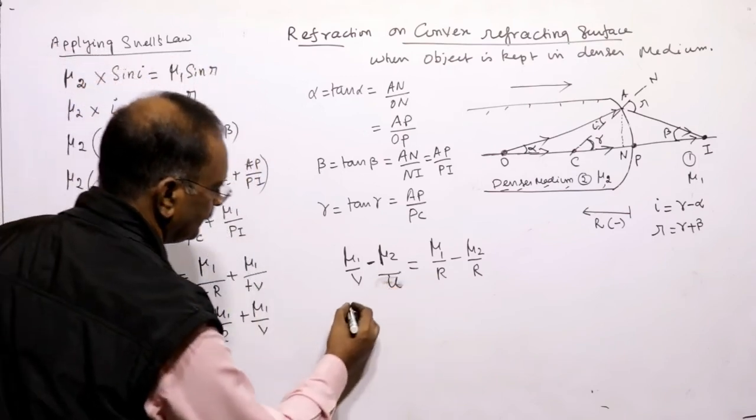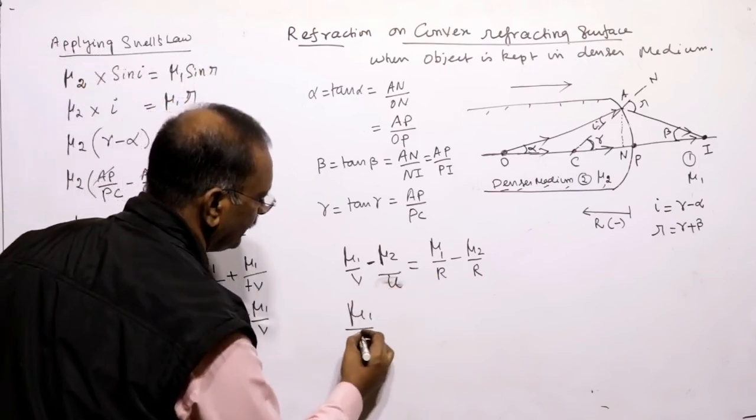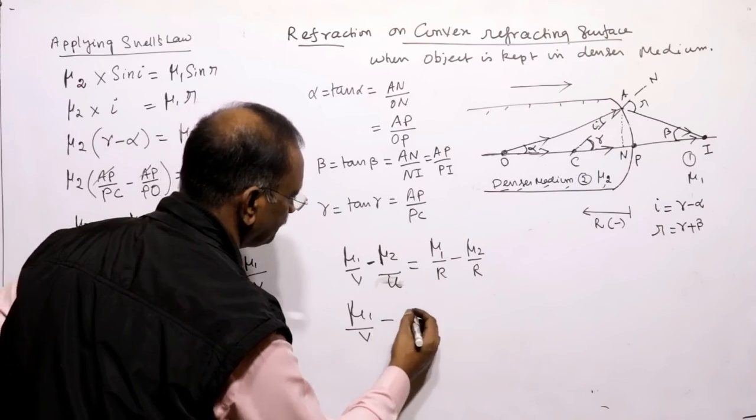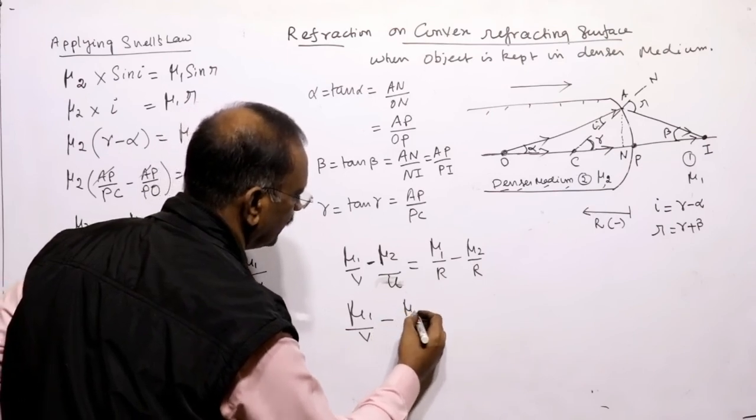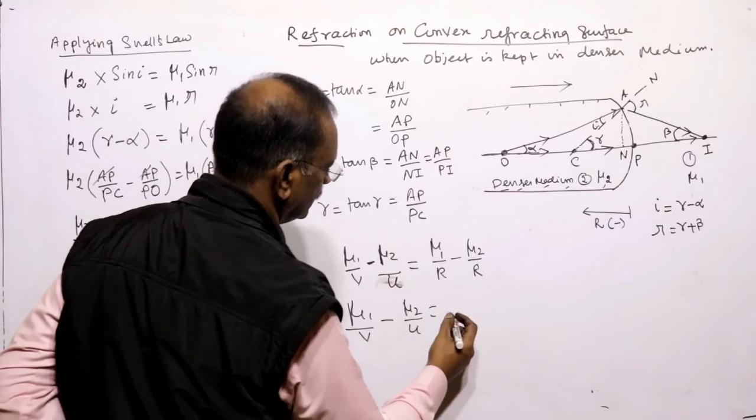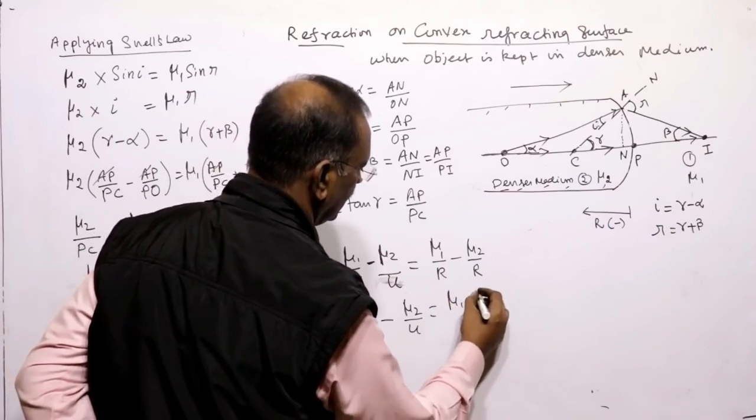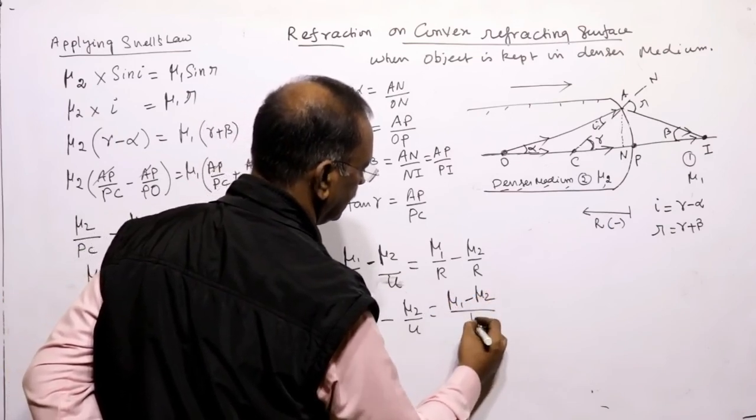Or you can write mu1 by v minus mu2 by u is equal to mu1 minus mu2 by R.